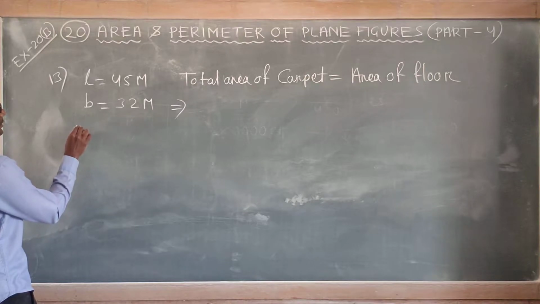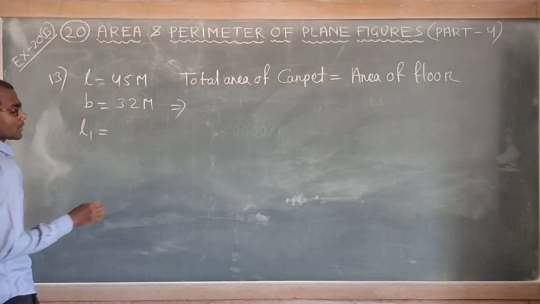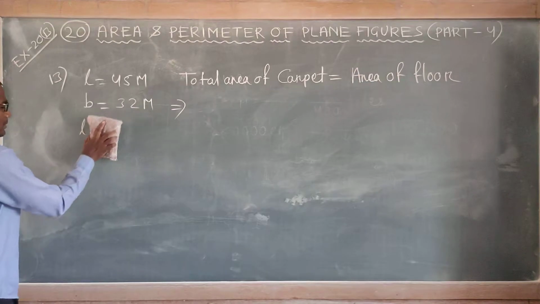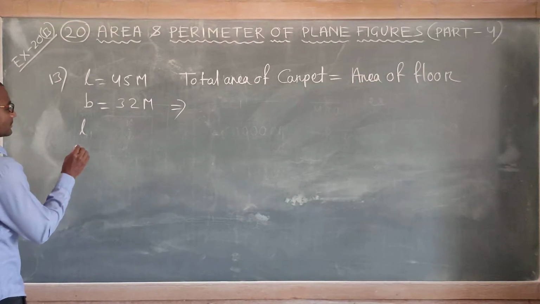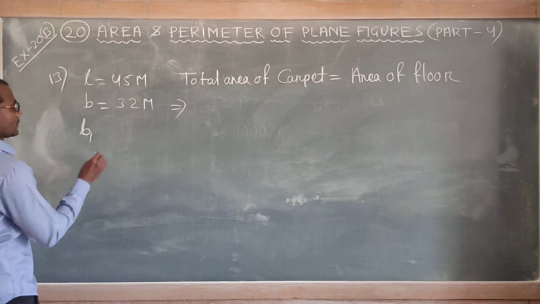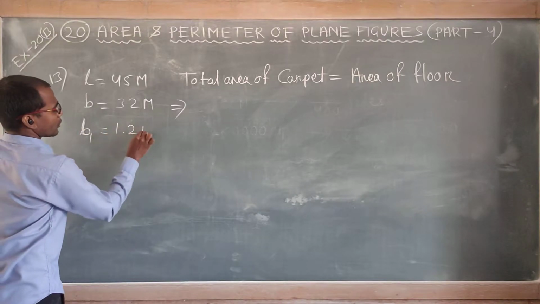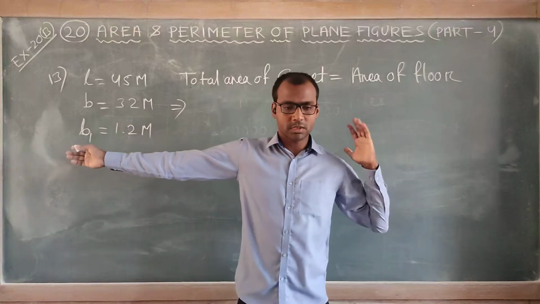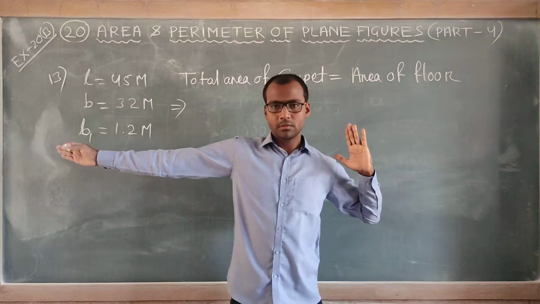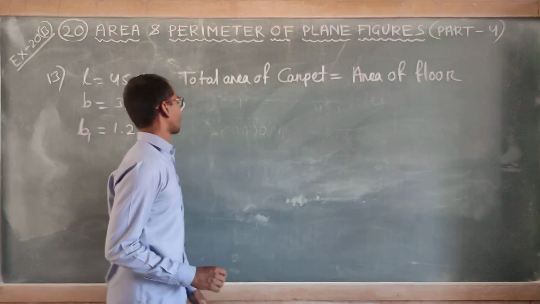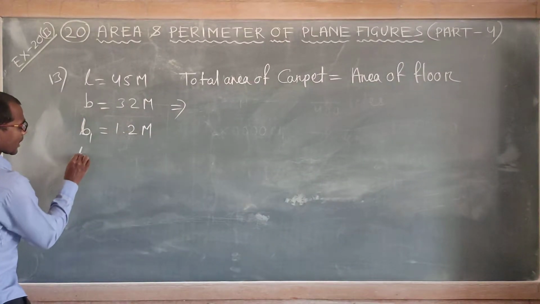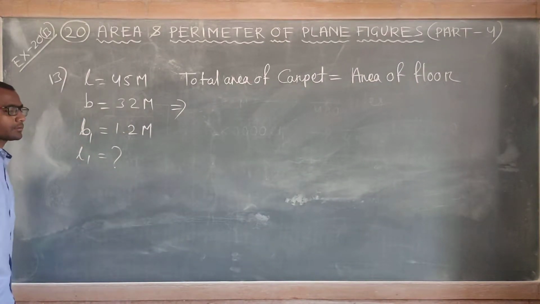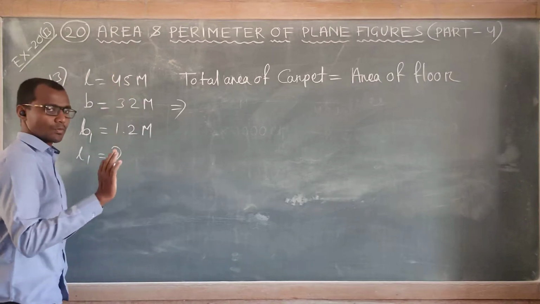Okay. Now you can see the length of carpet. Suppose let it be L1. Sorry. Breadth of carpet is given. Sorry. Breadth is given, B1. Suppose it is 1.2 meter. Okay. 1.2 means approximately this wide. This wide. Okay. So this is the width of the carpet. Length we have to find. The floor is in the shape of a rectangle.